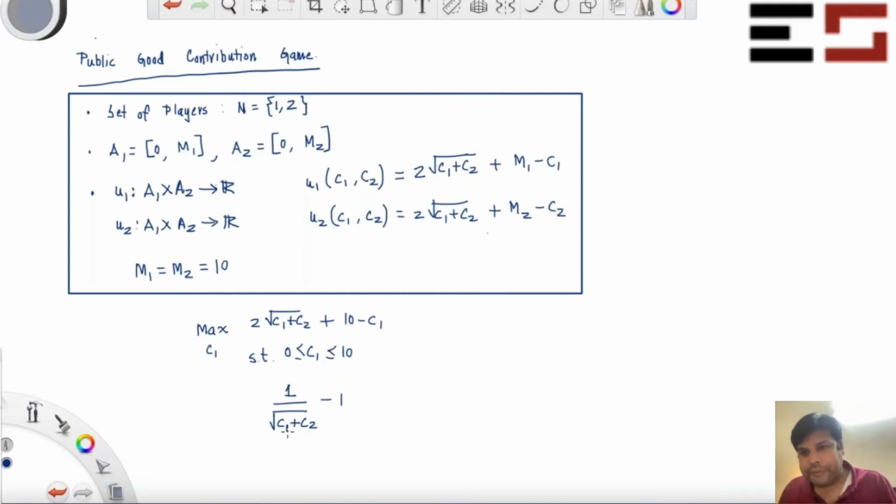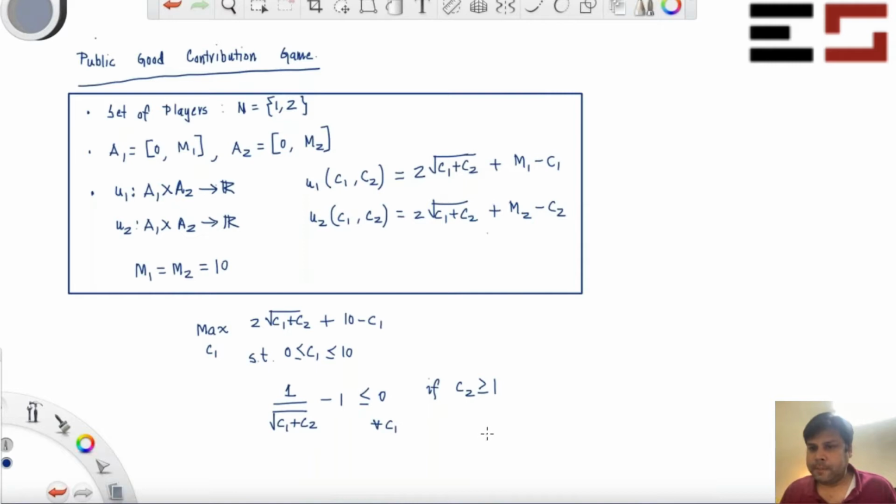Since the denominator is greater than or equal to 1, 1 upon something greater than or equal to 1 is always less than or equal to 1. So this derivative is less than or equal to 0 if C2 is greater than or equal to 1. If C2 is high enough, it is less than or equal to 0 for all values of C1.